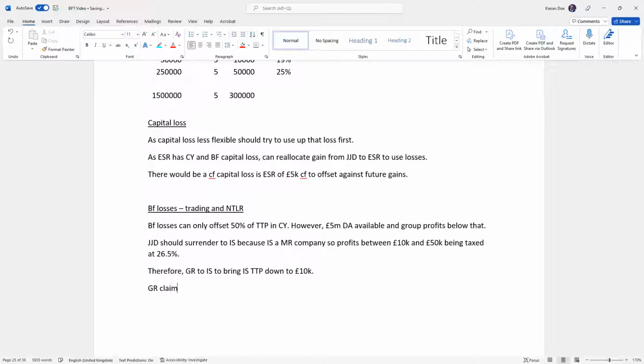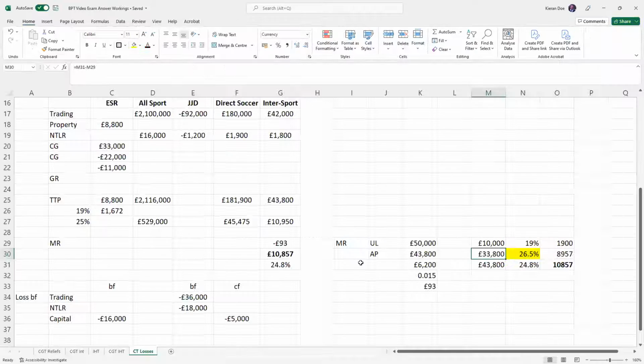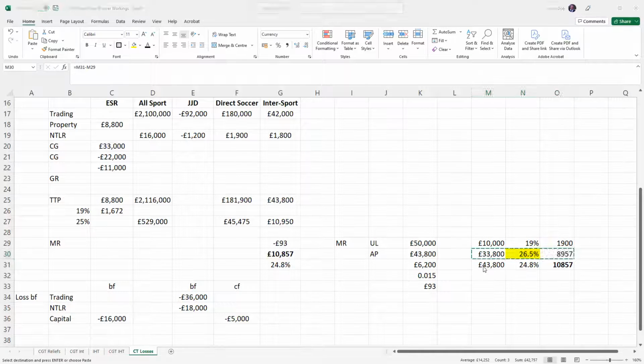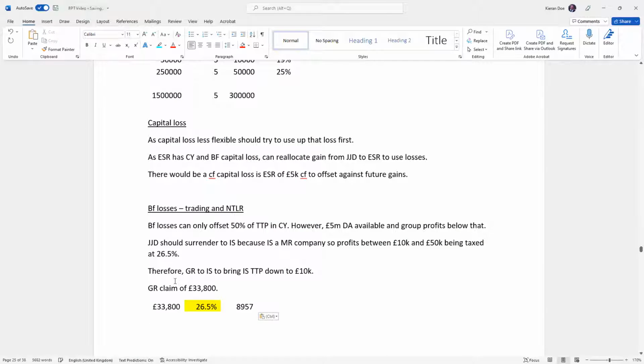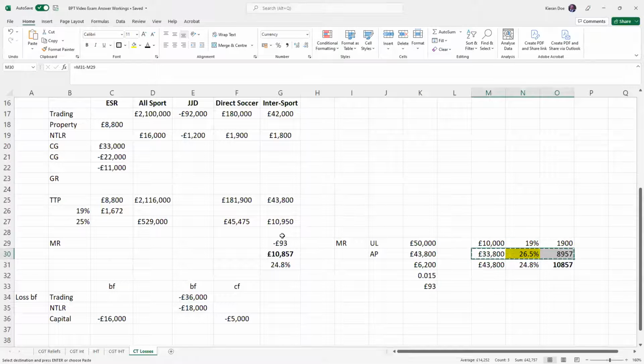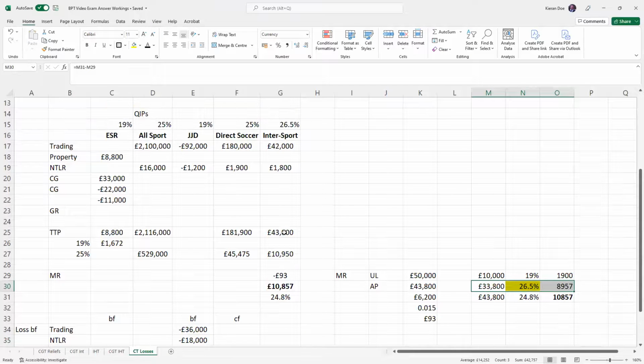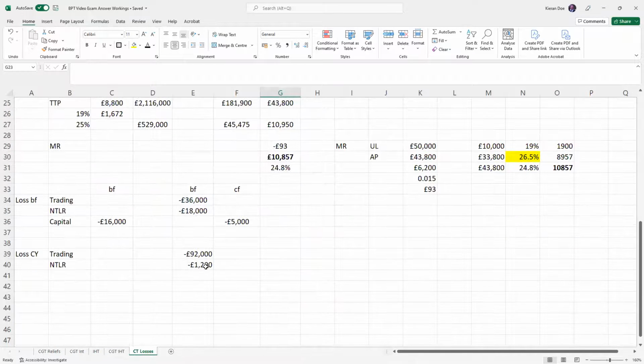So a group relief claim of 33,800. And you can show the amount of tax that this would save, because obviously that's saving tax at the 26.5%. So you can see that Intersport's liability is going to change because we're going to do a group relief claim here, and we've got JJD's loss here.